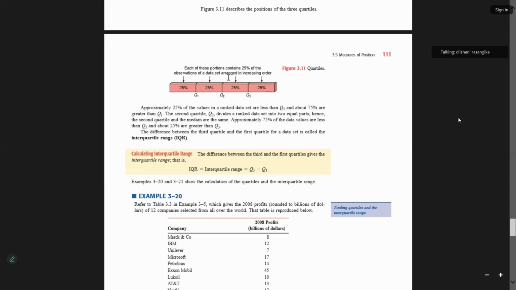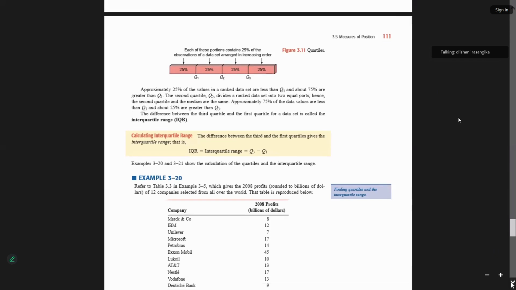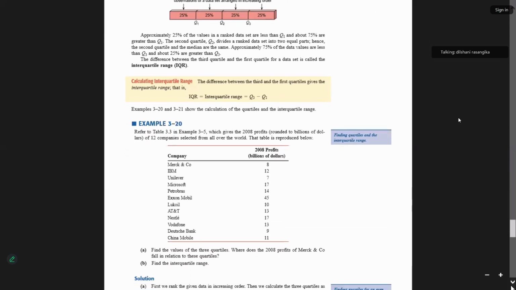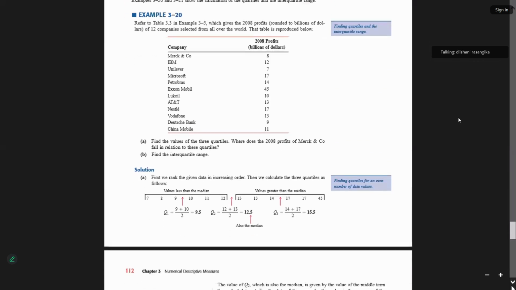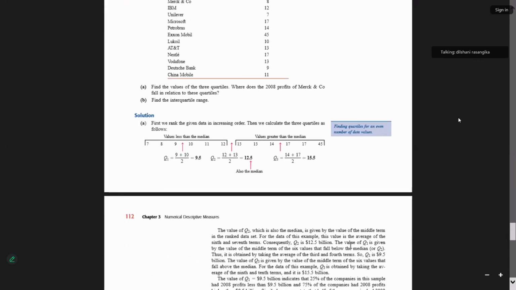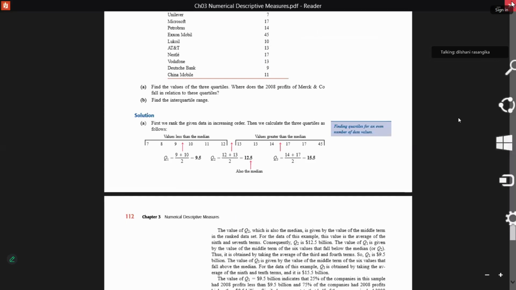Then you can take the second half and find the middle position of that half, right? So let's discuss it with an example, right? Okay, there's an example. This is the example actually.